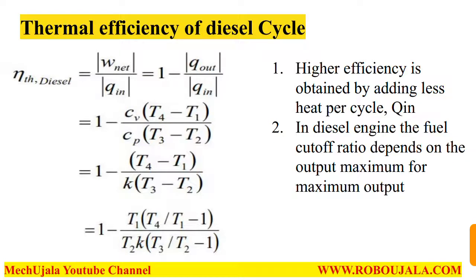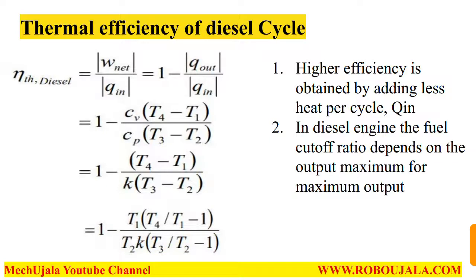And this ratio between Cp and Cv is K, so we can write Cv upon Cp is equal to 1 by K here. Then we will get efficiency as this, and when we take common T1 from here and T2 from here, then we will get this relation.